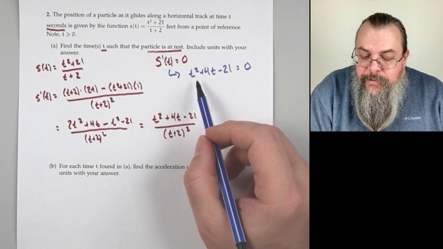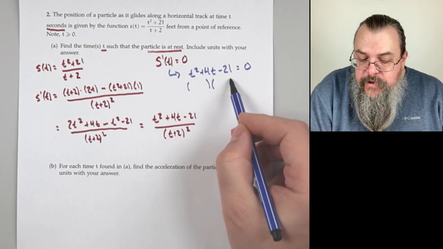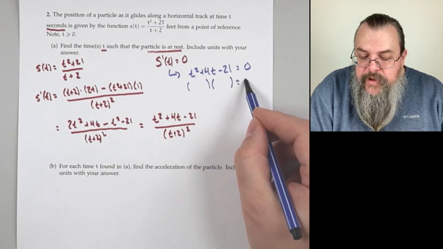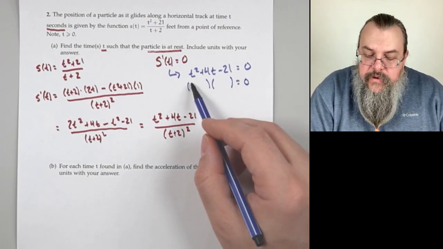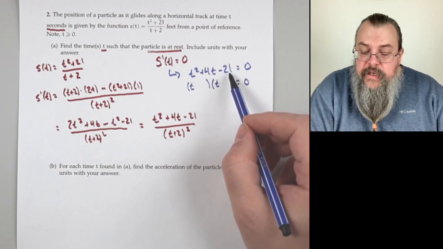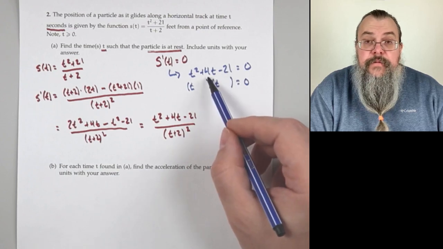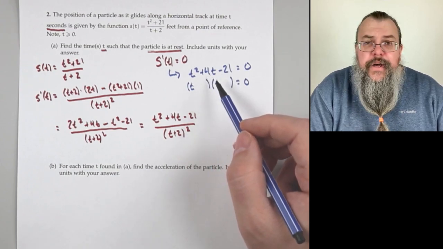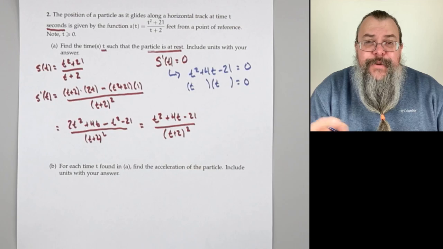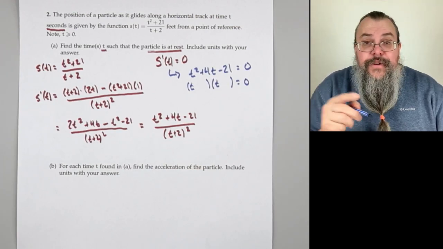All right, so what do we have? Well, what do we want? Let's suppose it were to factor. I'm pretty optimistic about these things. So, okay, there's a t and a t. Well, we need numbers that multiply together to give negative 21, and add to give 4. Well, okay, how do I multiply to get 21? I can do 1 and 21. Hard to get 4 out of that. 7 and 3.